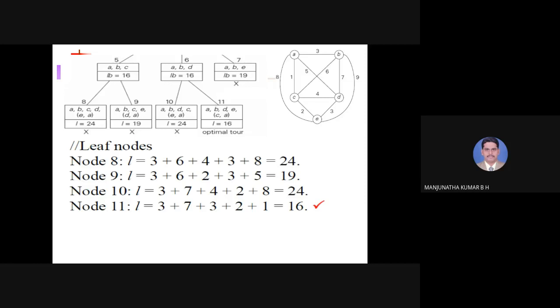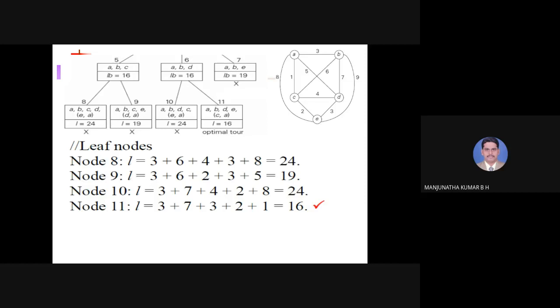Okay, so now let me explain how the value of node 8 is calculated. Now you need not divide it by 2, because we are almost at the answer. Now let me explain how it is 24. Okay, it's very simple. A to B cost is 3. From B, then I go to C. B to C cost is 6.